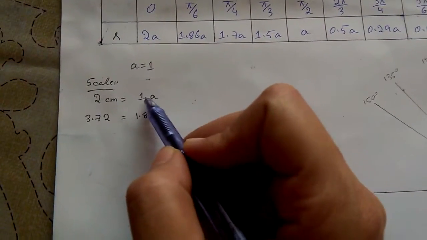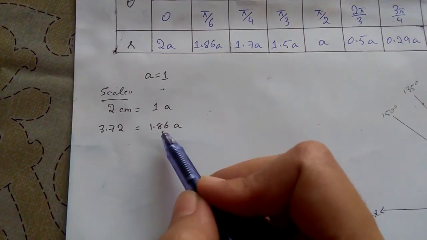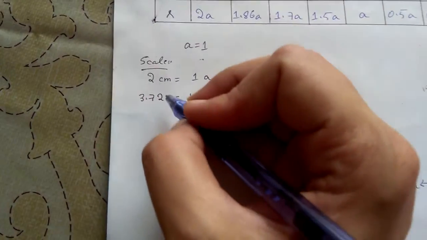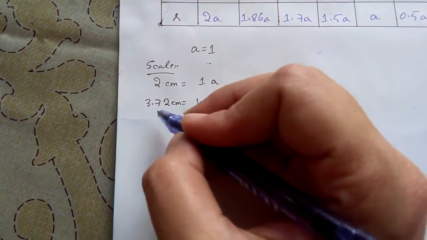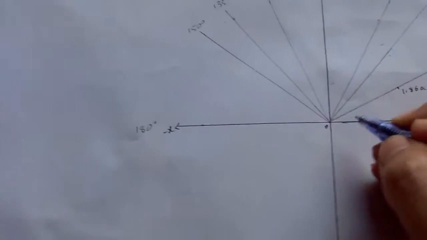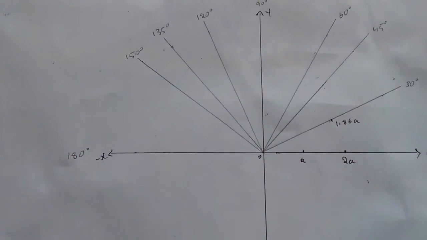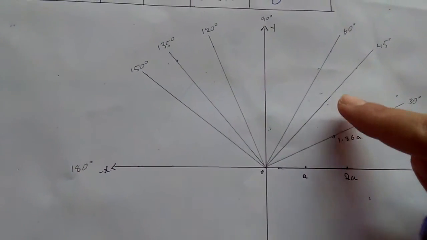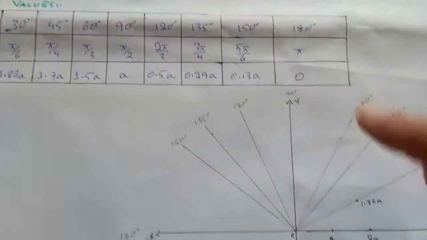Now if I multiply both sides by 1.86, then I come to know that 1.86 will be equal to 3.72 centimeters. So I just truncated it to 3.7 and I measured it from here, and it is coming at this point. In this way I'm going to maintain all these r values on their corresponding angle rays.